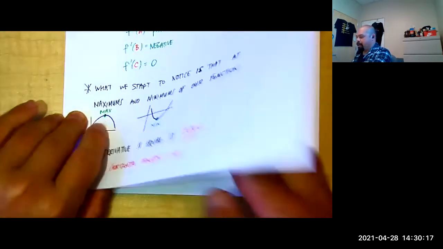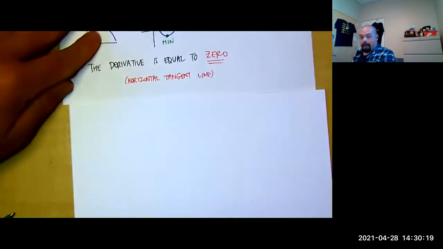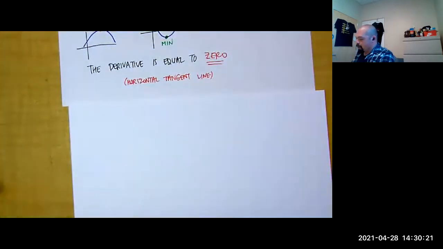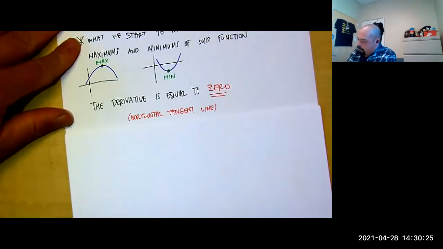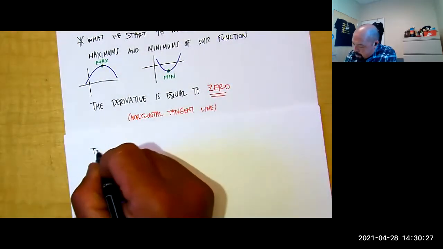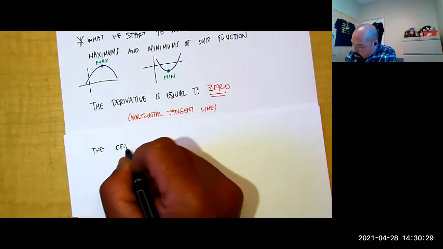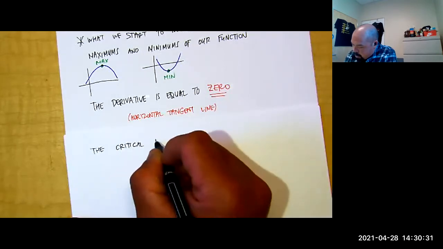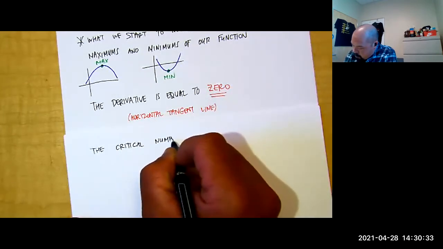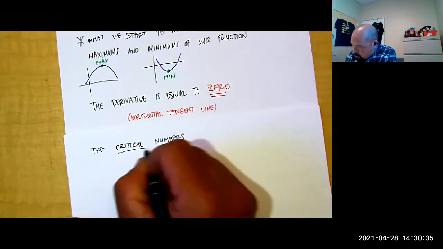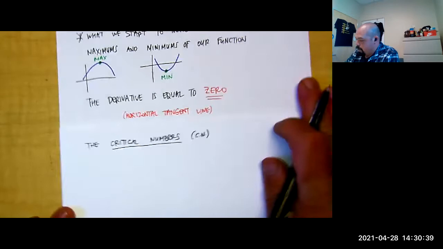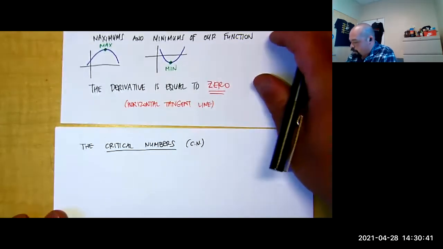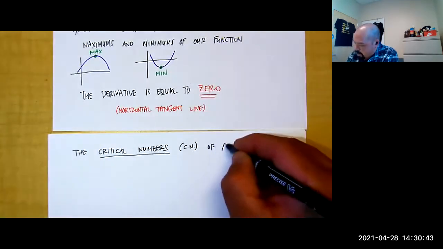Now we're going to pick up this idea then, some of this language, that we call these critical numbers, CN for short, critical numbers of a function.